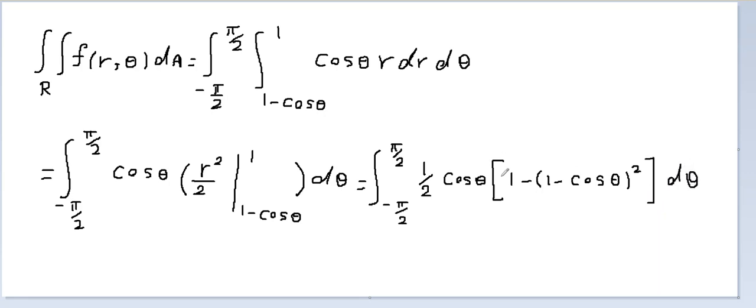We have to move up here because the space is not enough, so I have to erase here.